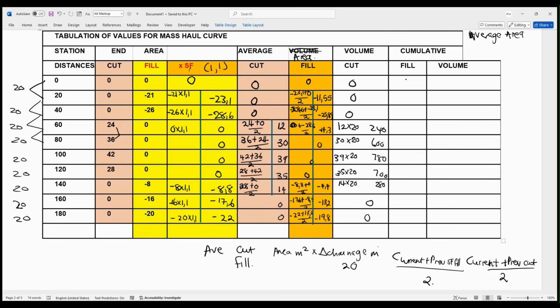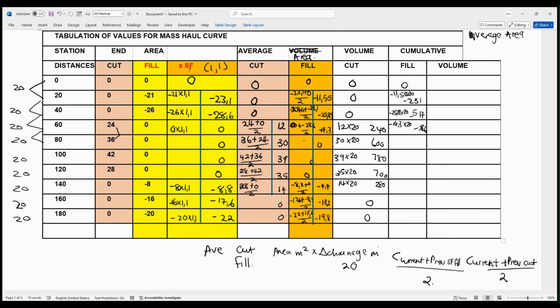For fill, the first one is 0, the second one minus 11.55 times 20, you get negative 231. Negative 25.89 times 20, you get 517. Negative 14.3 times 20, you get 286. Sorry, all these answers are negatives.